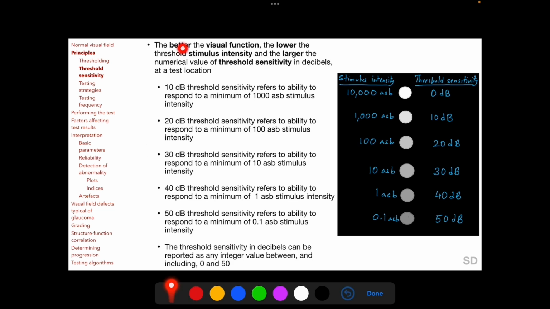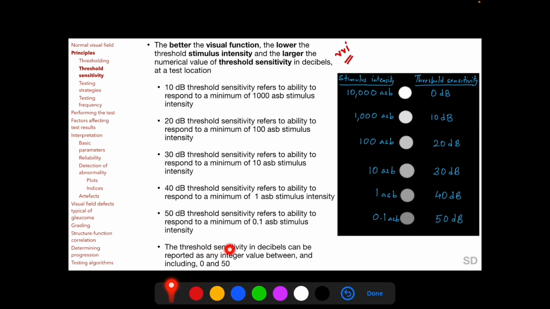In other words, the better the visual function at a test location, the lower the threshold stimulus intensity, and the larger the numerical value of threshold sensitivity in decibels. And this is very important to remember.